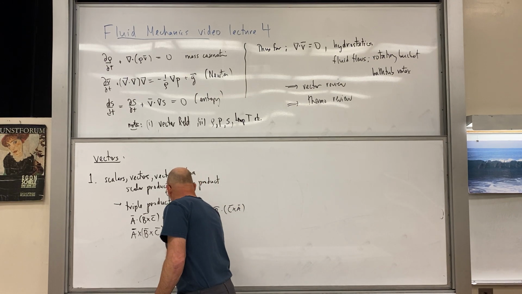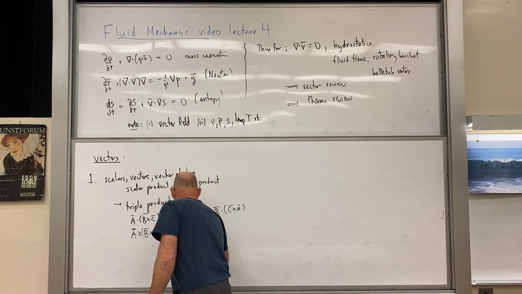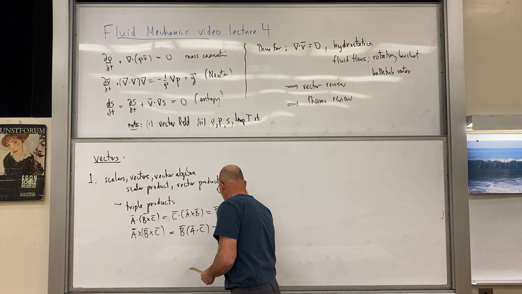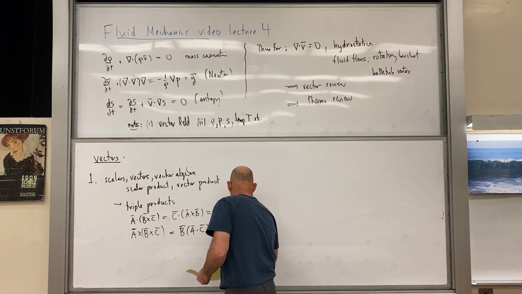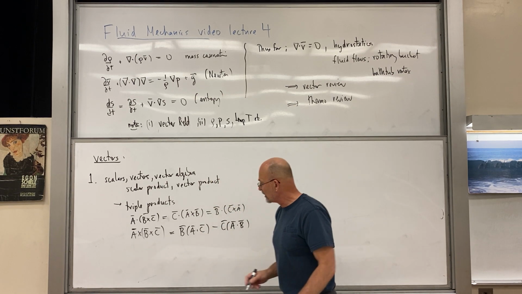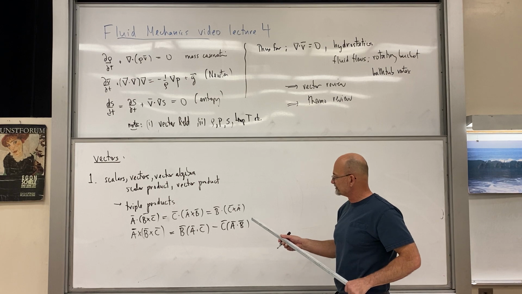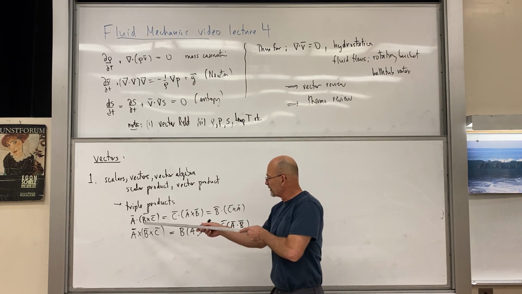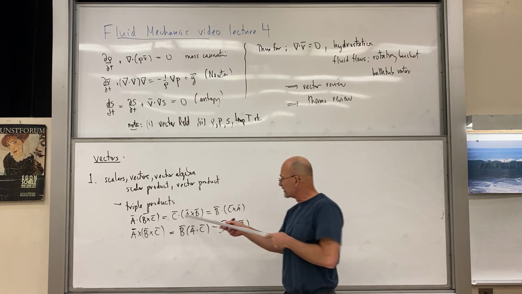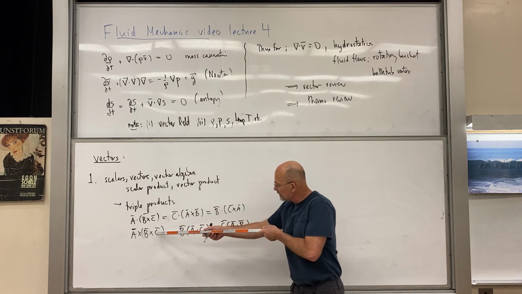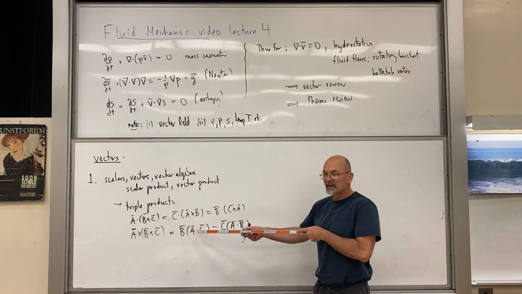So then you would do B A dot C minus C A dot B. And right here you have, you're turning these three, since you have a dot product, into a scalar. Here you have all cross products, so the result is a vector.